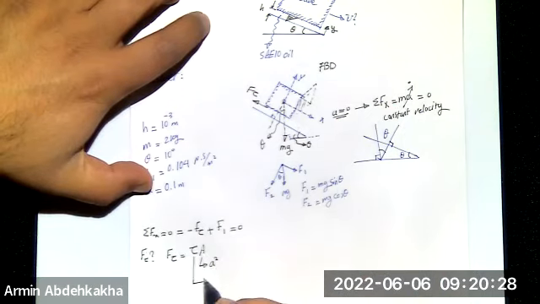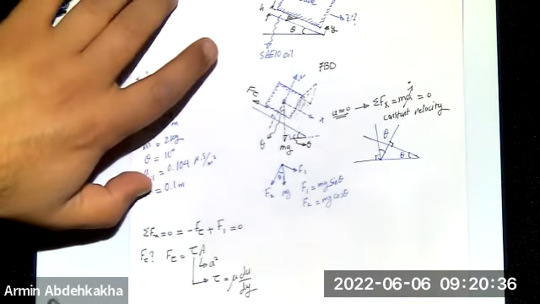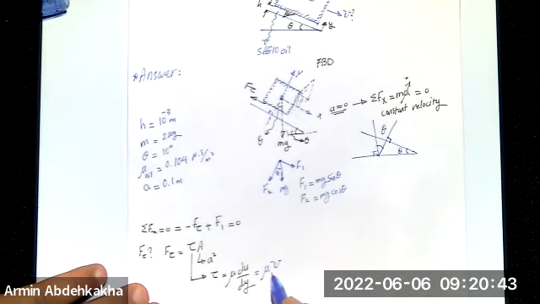What about tau? Mu du over dy, or mu U over H. Why U over H?